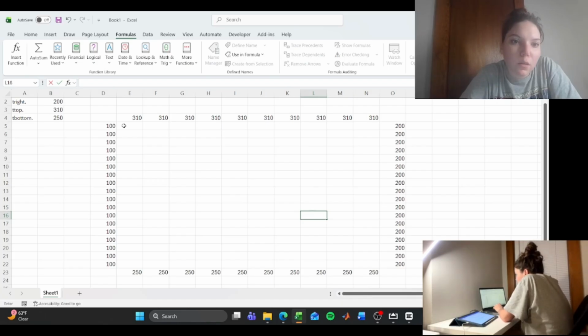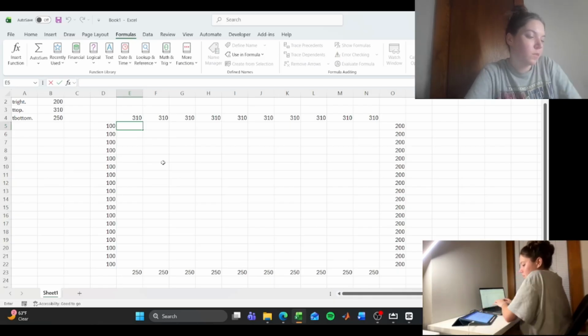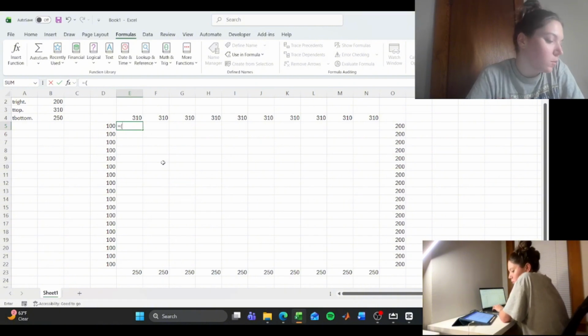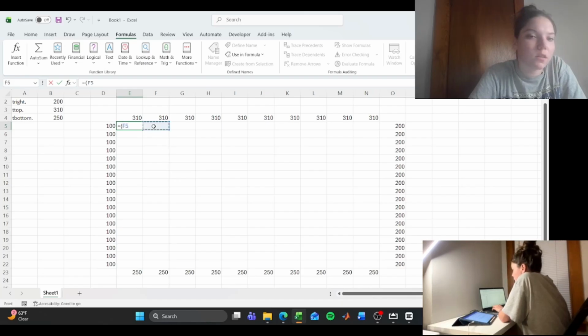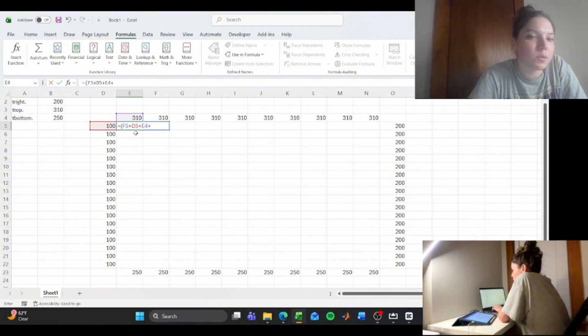Okay, so now let's use the equation that we had before, where the temperature at ij, so the temperature at this position, is going to be equal to the temperature of the one to the right plus the temperature of the one to the left plus the temperature of the cell above it plus the temperature of the cell below it.